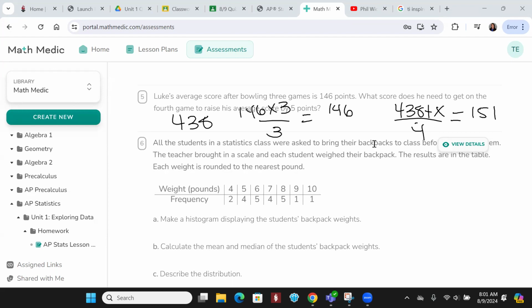On the next one, it's going to ask you to create a table. I did give you boxes on there. If you want to redraw the boxes, that's okay too. It's going to ask you for a segmented bar graph and to compare the distributions.